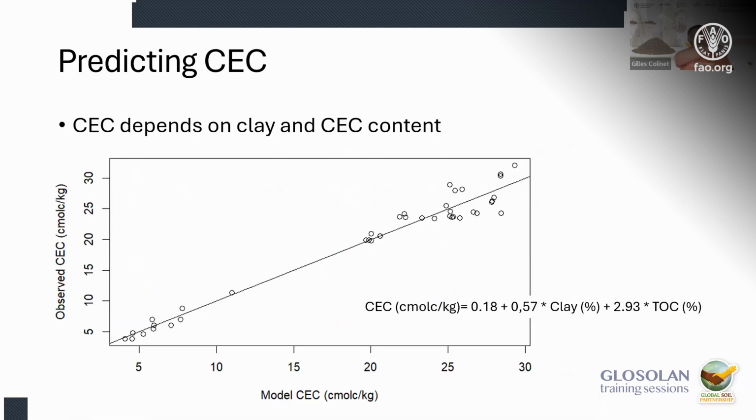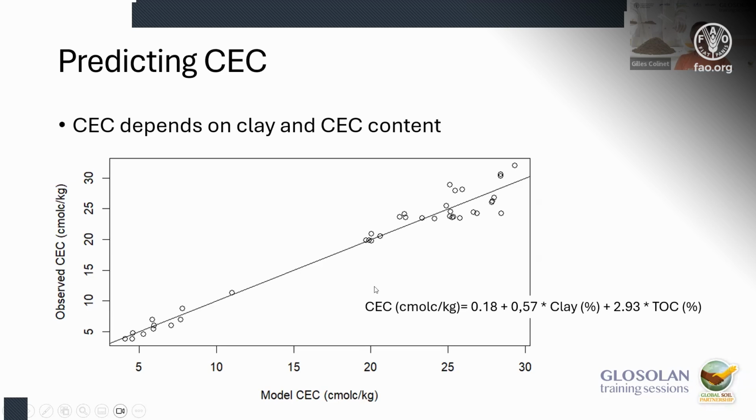Another point, with the cationic exchange capacity, we know that it is due to minerals, so the clay content, and also organic matter. There's a wrong title here. It's organic matter content. We made a modelization of the CEC according to the clay content and the organic matter content. And this is the model value, this is the observed value, and see that there is a clear relationship.